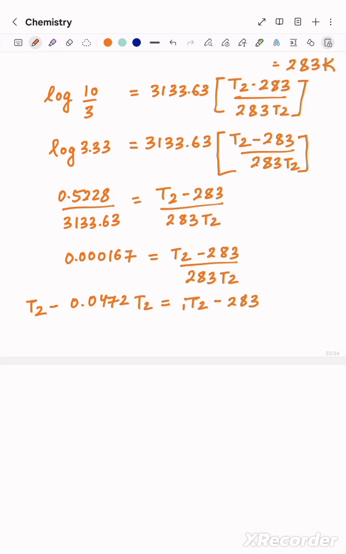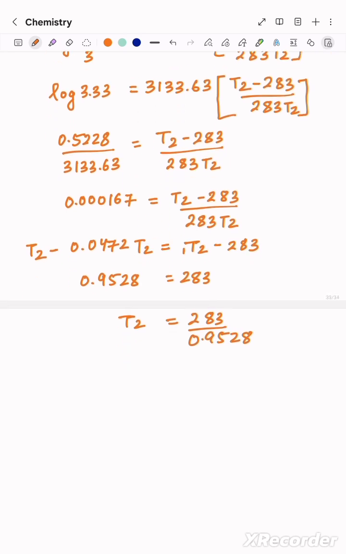Now this will become equal to 0.9528 T2 is equal to 283. So T2 will become equal to 283 upon 0.9528. Here T2 will become equal to 297.01.